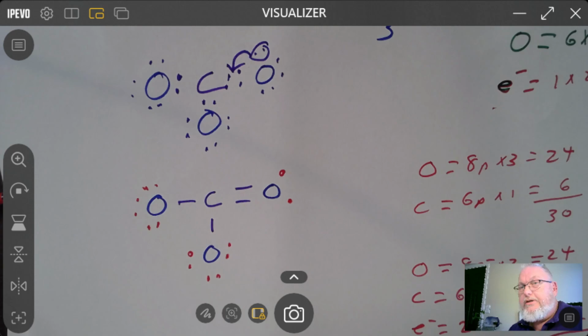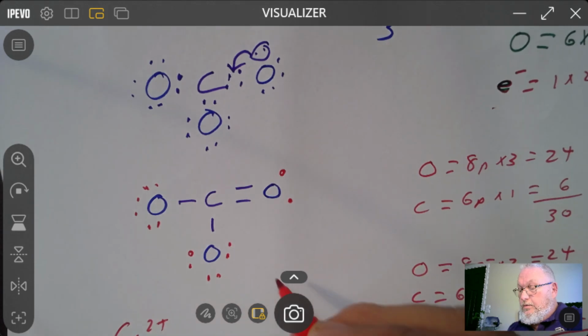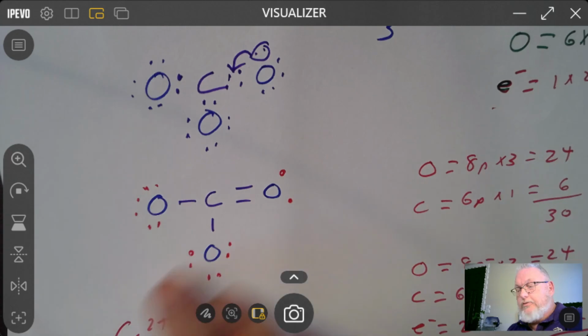We can use it in an ionic bond. It'd be ionically bonded to a cation, or a positive ion, like calcium, which has a plus 2 charge. Calcium carbonate would have 1 calcium, in a 1-to-1 ratio to the carbonates.